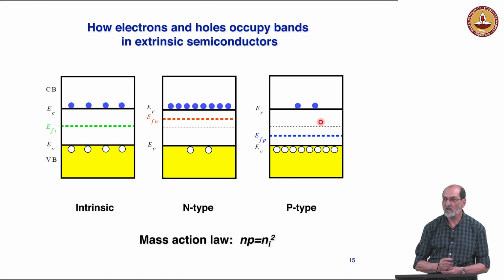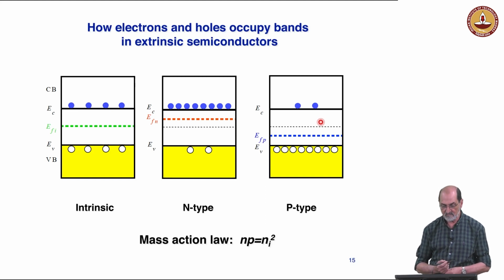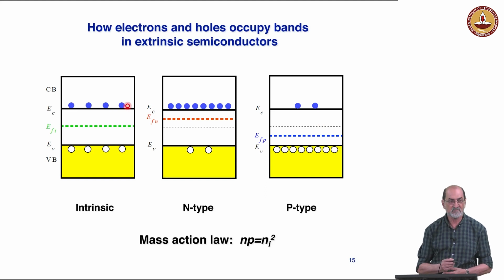But the Fermi level is one. Once you have a Fermi level, you have a specific number of electrons and a specific number of holes. The Fermi level for the whole system is the same, so it can go up or down. If it goes up, you're going to have more electrons and fewer holes, and the other way around. And something interesting: the product of the number of holes times the number of electrons is constant.